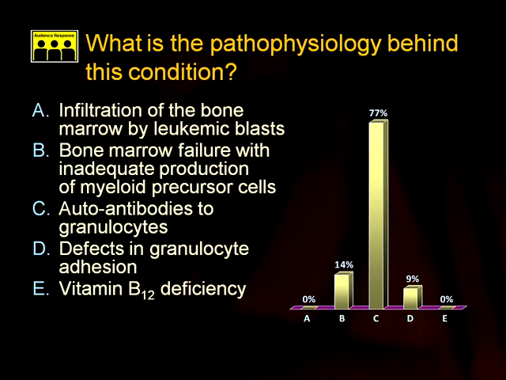You might even see extra neutrophil precursors because, like I said, the pathophysiology is autoantibodies. This has nothing to do with adhesion and nothing to do with vitamin B12 deficiency. So you've been able to recognize what the disease is. You know its pathophysiology. So how do you treat it?